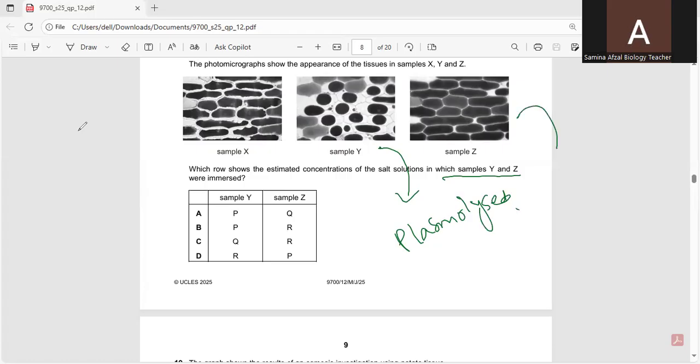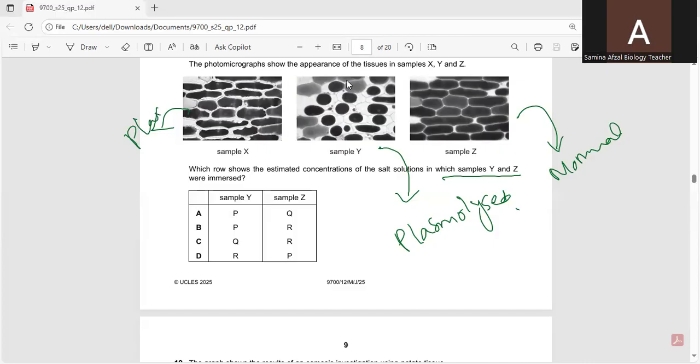Sample Z, you can see, is in a little bit normal condition. And X, we have to go with the Y and Z. And X, they are starting plasmolysis.